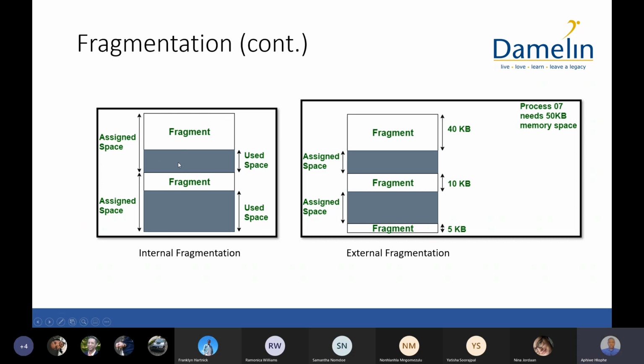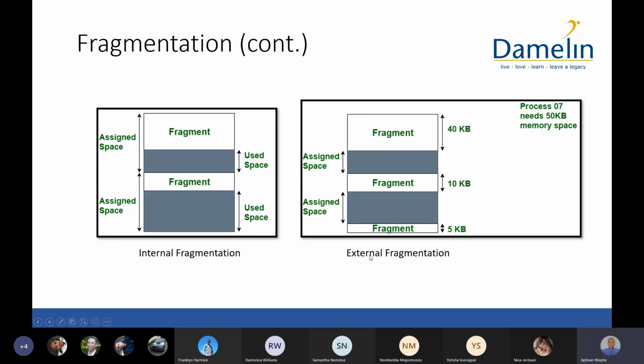You can see the gray portions, which are the wasted space. It's wasted because the fragment that was taken up is not taking up the full assigned space capacity. So we have wasted space within that one frame, and that term is referred to as internal fragmentation.